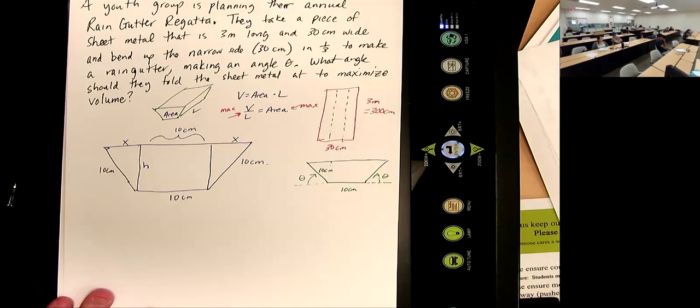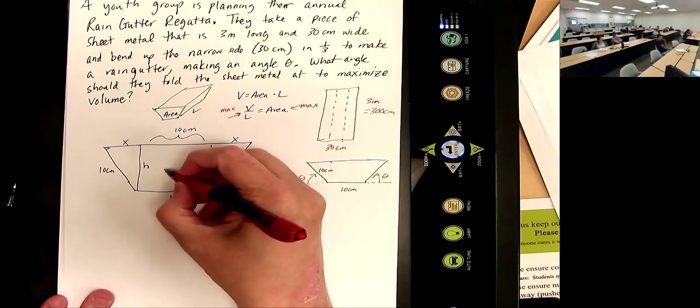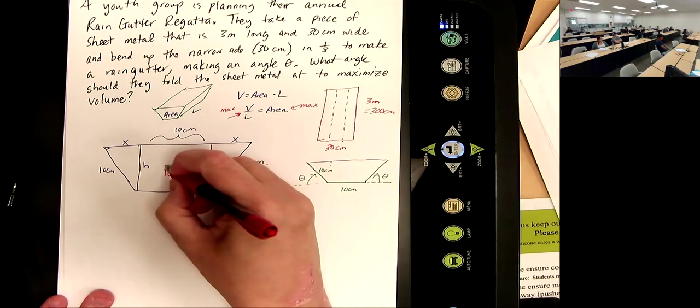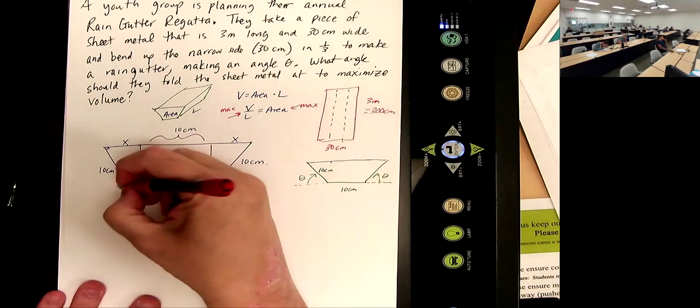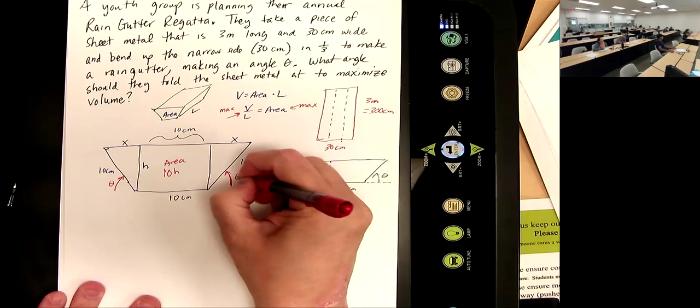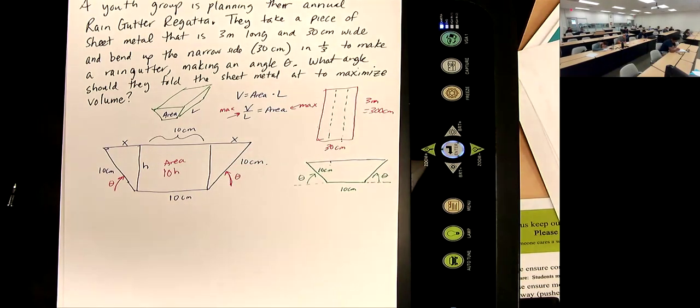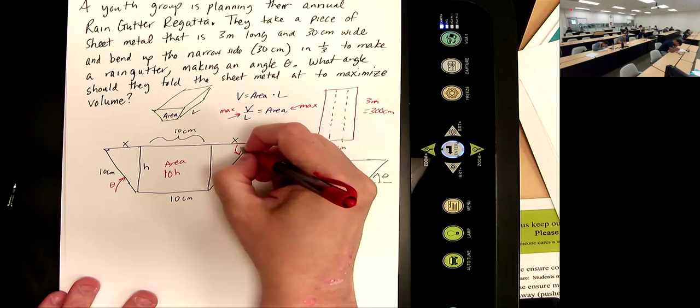So we need this area here. I know this rectangle is H times 10, right? Area of this thing is 10H. This is making an angle theta though, and that's what we have to look at. So our equation needs a theta in it. It turns out if that's theta, this is theta as well.